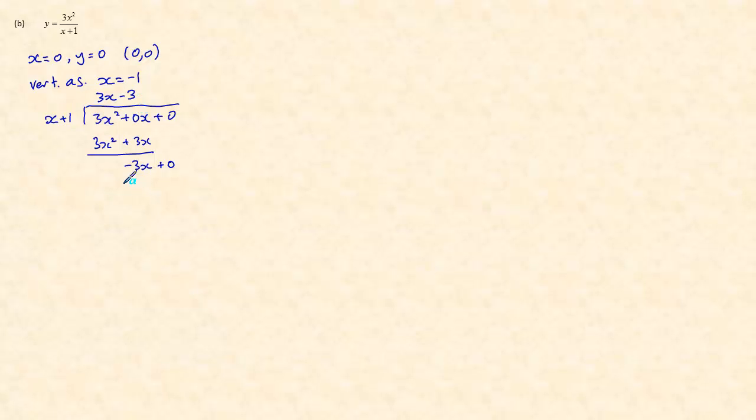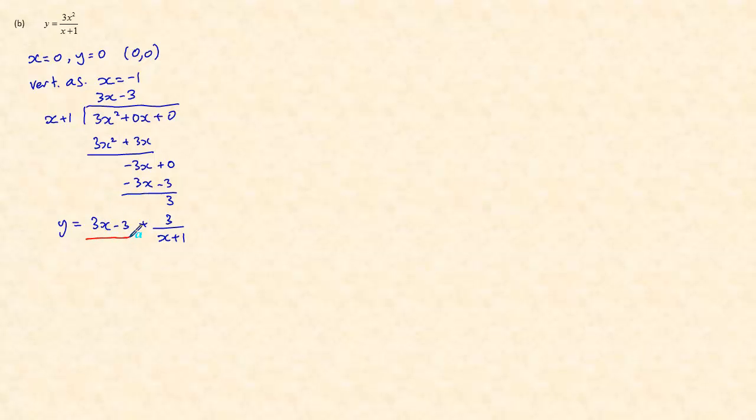So, negative 3x, take away 3, subtract, and we get 3. So we can write this as y is equal to 3x minus 3 plus 3 over x plus 1.